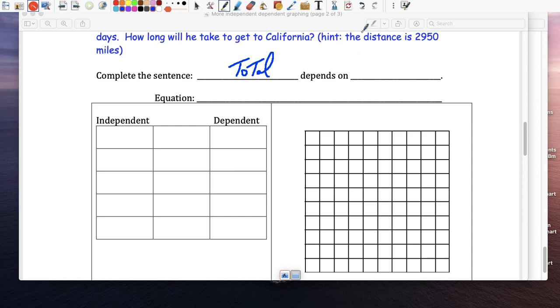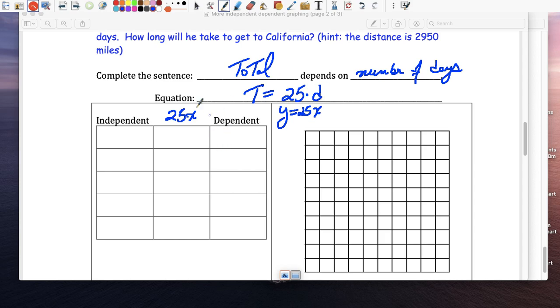So every day he wants to walk 25. Let's assume that he always walks 25 miles per day. So my equation would be t equals 25 times however many days, or y equals 25x. The rule here is we're going to multiply every x value by 25, so it's 25x. How long would it take to get to California? How should we do this?